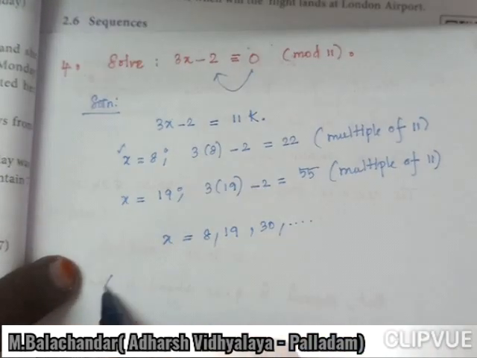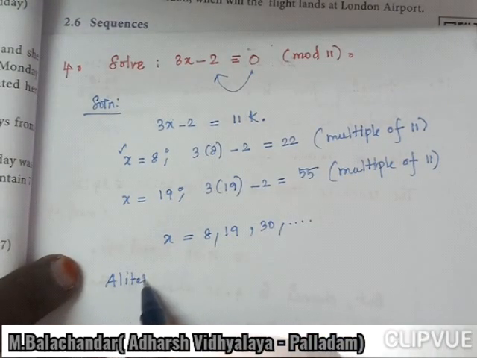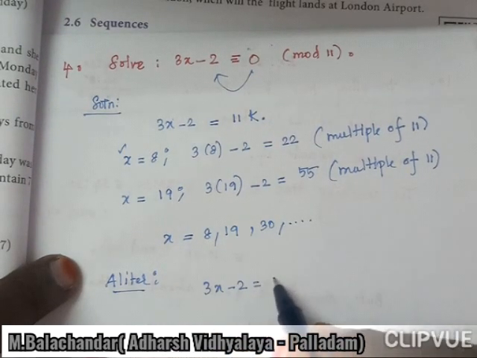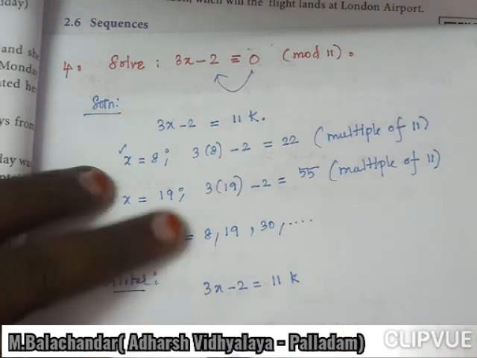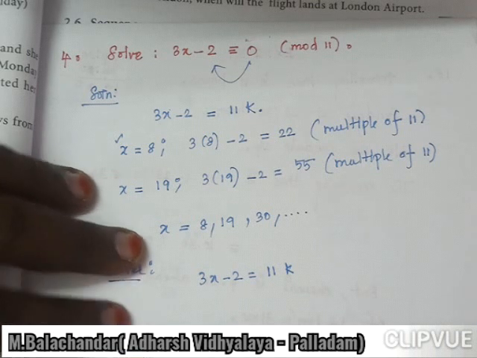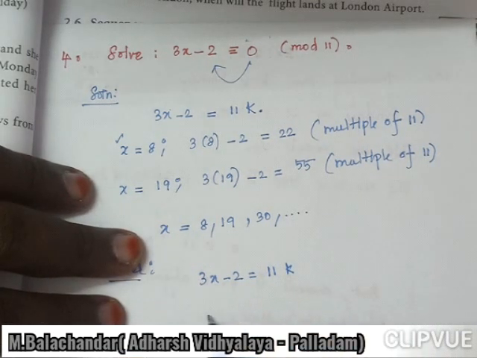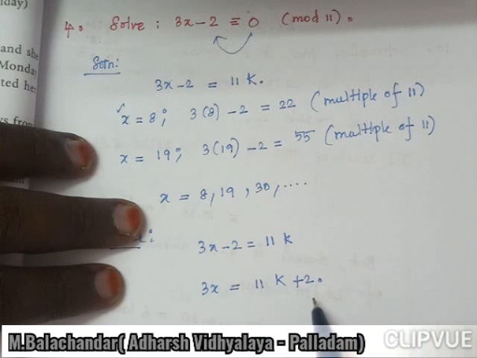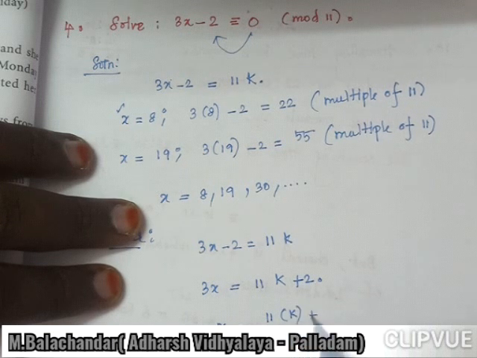Another way: from 3x minus 2 equal to 11k, 3x is equal to 11k plus 2. Now minus 2 becomes plus 2. So x is equal to (11k plus 2) divided by 3.